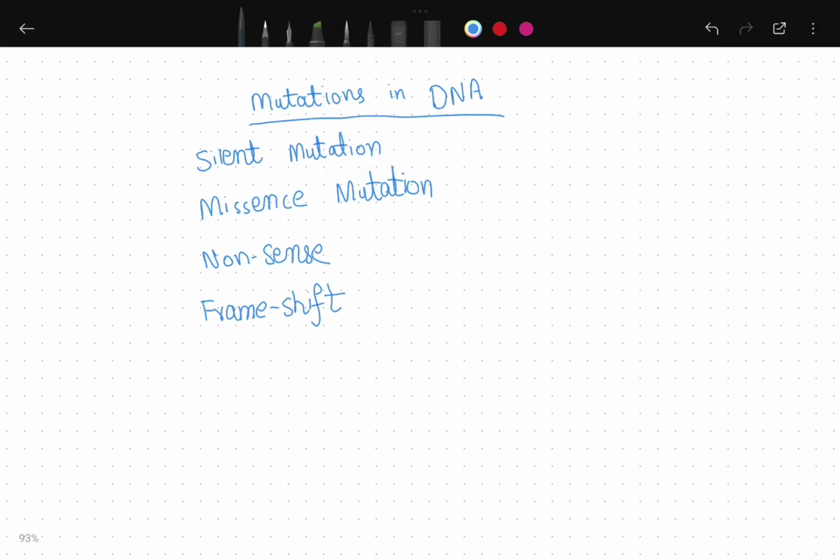Single nucleotide substitutions are repaired by DNA polymerase and DNA ligase. There are two types of nucleotide mutations, transition and transversion.